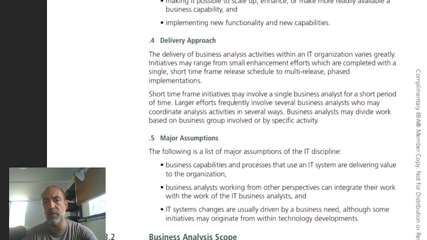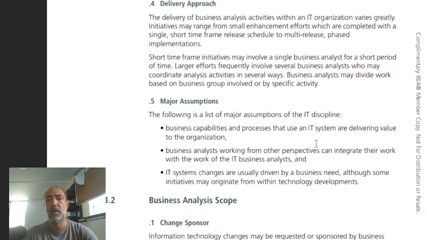Delivery approach. The delivery of business analyst activities with the IT organization varies greatly and depends on each layer of management, because some layers of management just need to report, some need to input, and everything in between. It ranges from small enhancement efforts completed with a single short-term release schedule to multi-release phased implementations. So how you deliver it depends on you and what you actually plan for the organization.